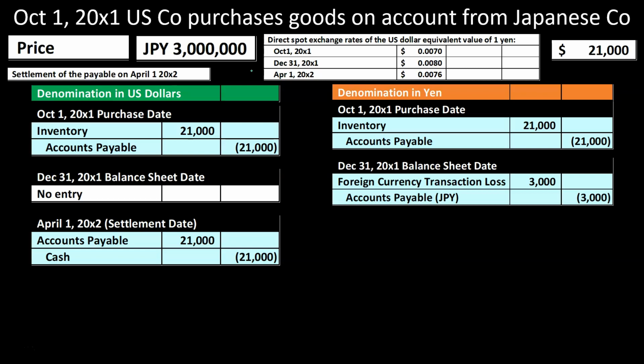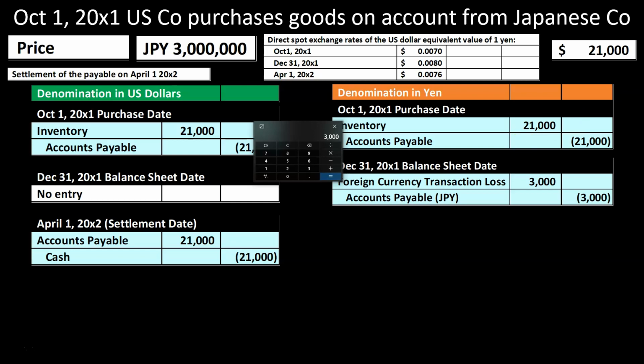We can say, all right, as of December, that accounts payable is not properly valued according to the current exchange or spot rate. The current spot rate is 0.008. So if I take that 3 million times 0.008, now it's at 24,000. And it's currently on the books at 21,000. So 24,000 minus 21,000 is going to give us a $3,000 difference.